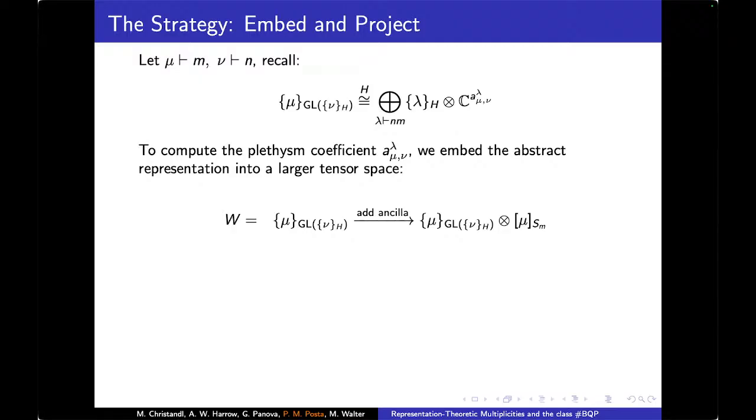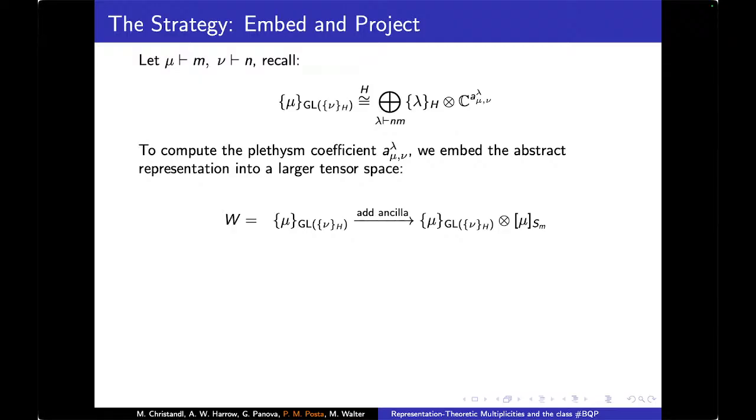And any element in the Specht module with the same label is a good one. So what we do is we add something, we don't even care what it is, as long as it's in the correct Specht modules. And we can easily prepare a state that has this property because we really don't care what it is. It just needs to have the right dimension.